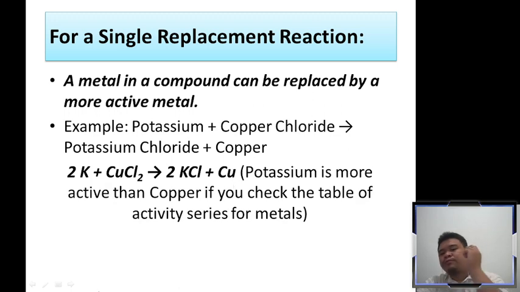So how do you get a single replacement reaction here? Let's just imagine that, from our symbols a while ago, this is A and this is B, and then this is C.